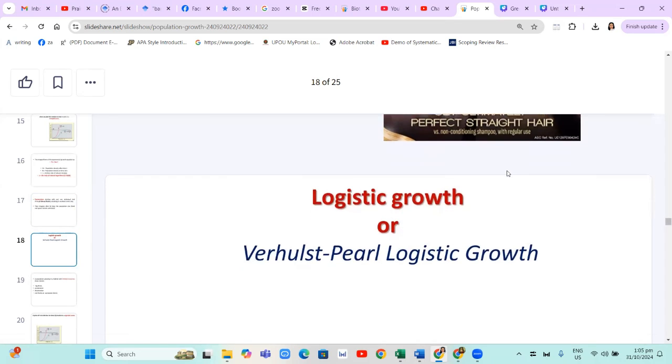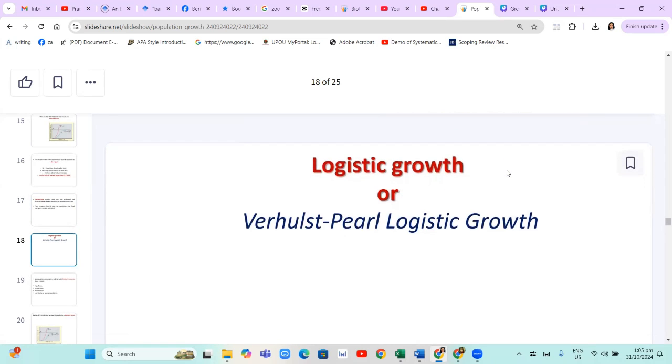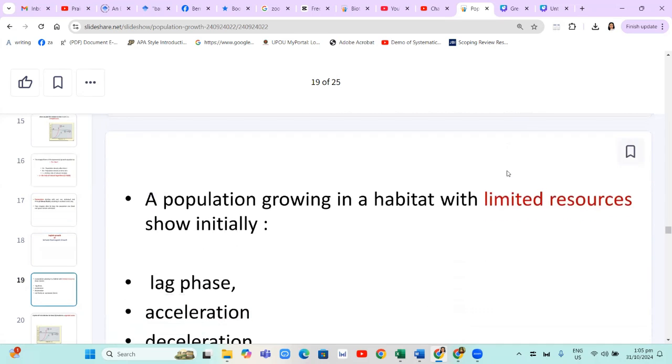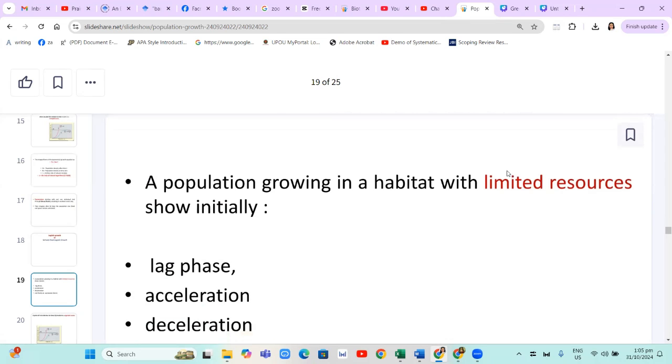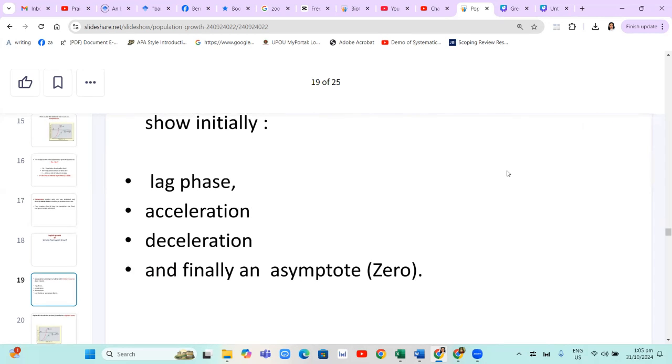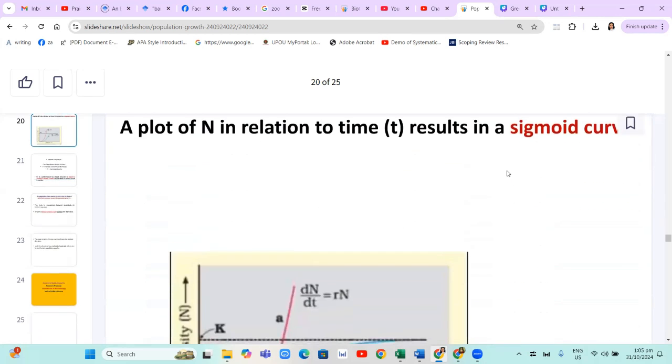Now let's have the logistic growth, or the Verhulst-Pearl logistic growth. A population growing in a habitat with limited resources shows initially a lag phase, acceleration, deceleration, and finally an asymptote, or zero. A plot of N in relation to t results in a sigmoid curve.